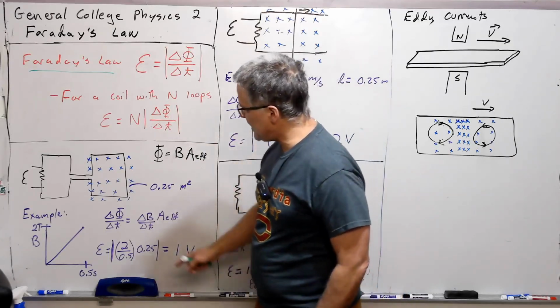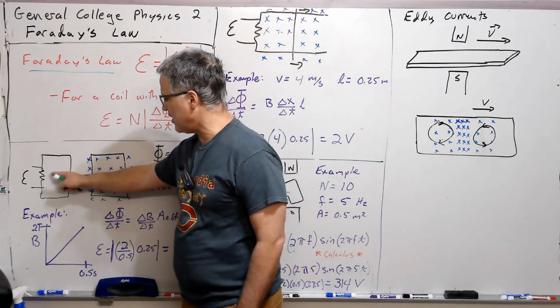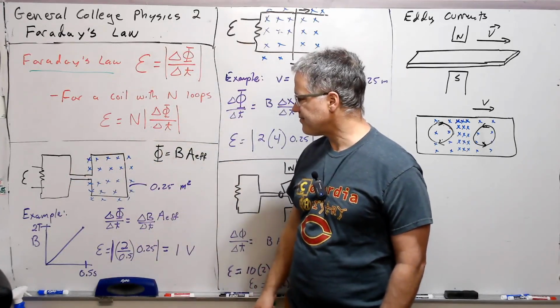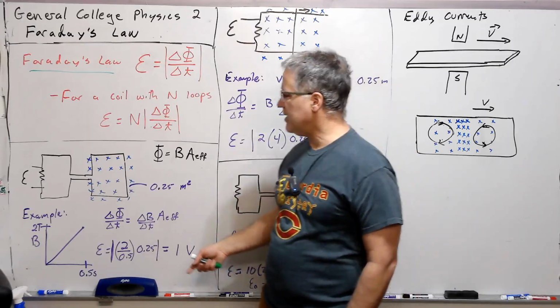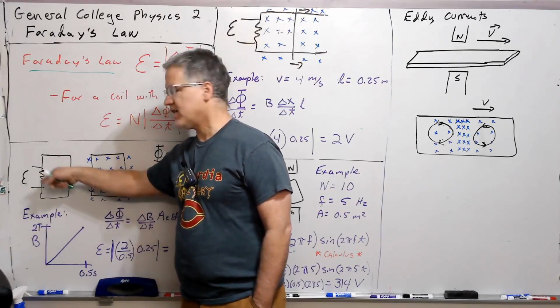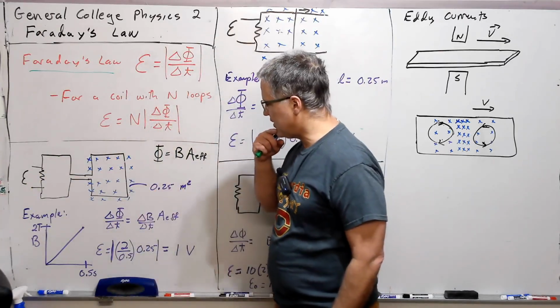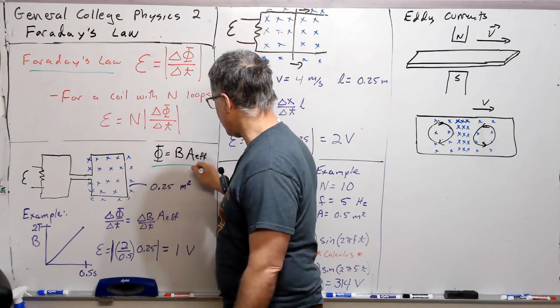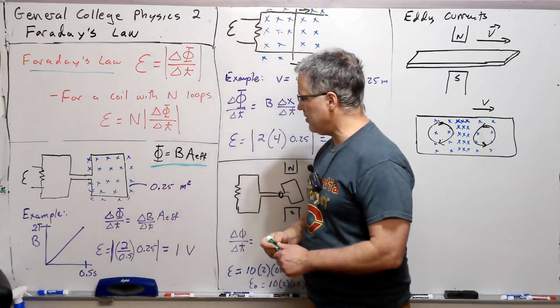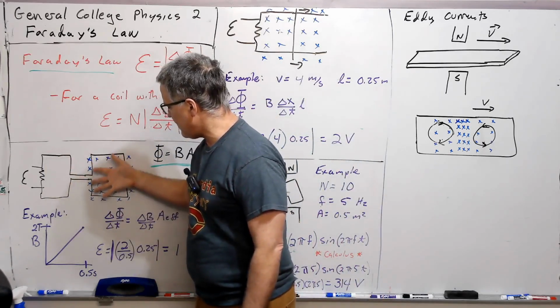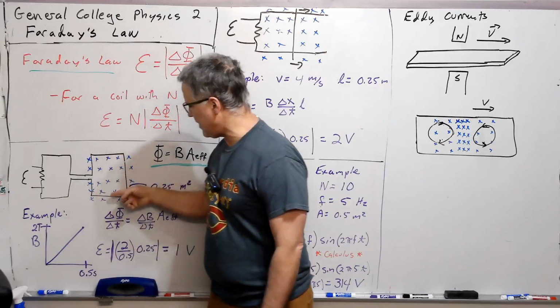Okay, so let's take an example here of this circuit over here, and we'll be measuring the voltage across this resistor. So according to Ohm's law, if we knew the resistor and the voltage, we could get the current and vice versa. So we know that the flux through a loop, well, where's our loop? We're going to take this wire and we're going to have magnetic field only over here, indicated by these blue X's.